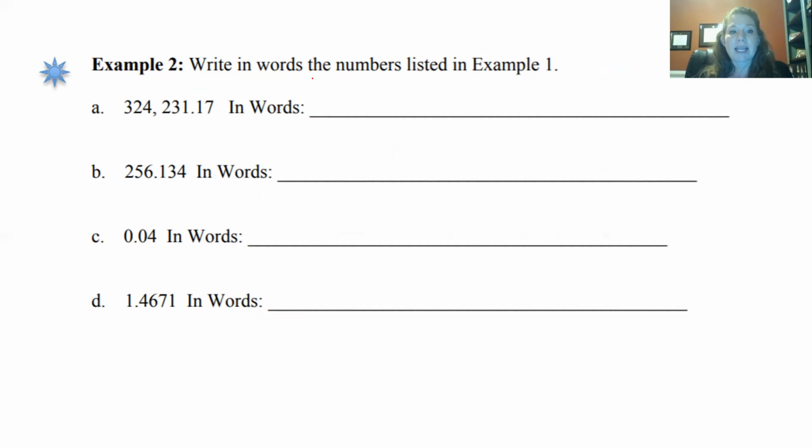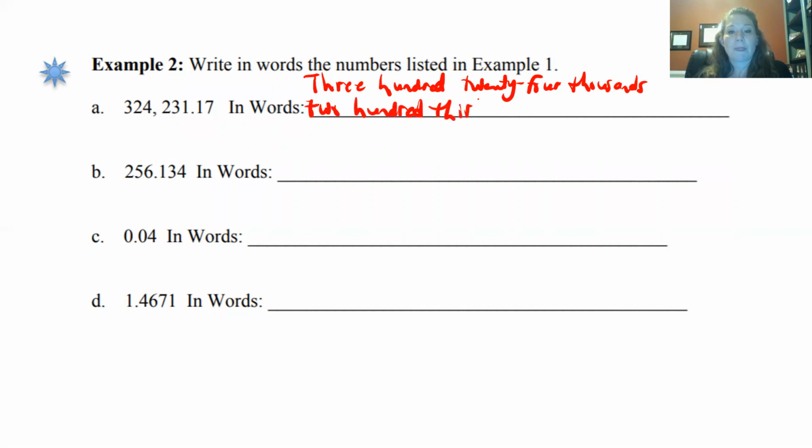All right, so letter A, we have 324 thousand 231. Now we say the word and to show that we have a decimal.